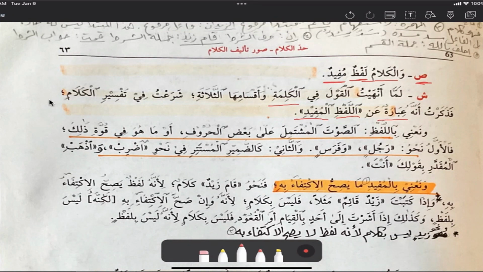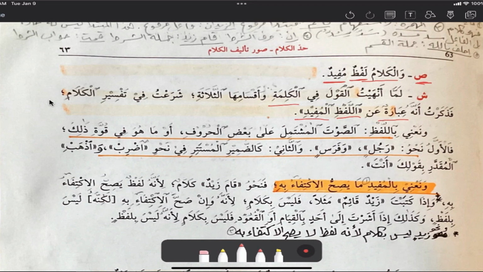Wathani, the second, is like the veiled pronoun when saying the likes of strike or go, which is implied by saying you.